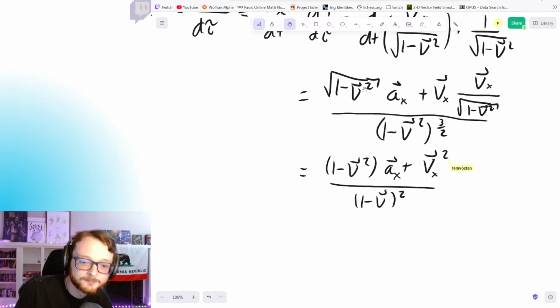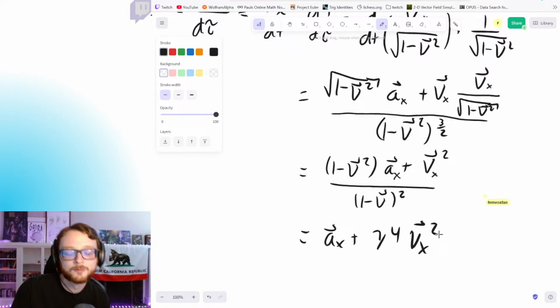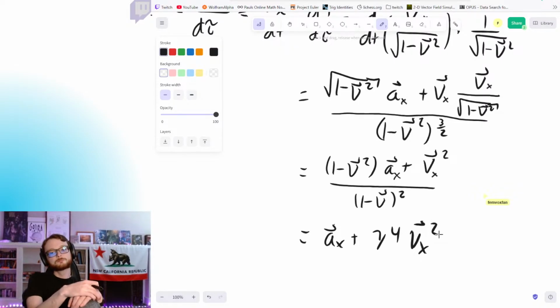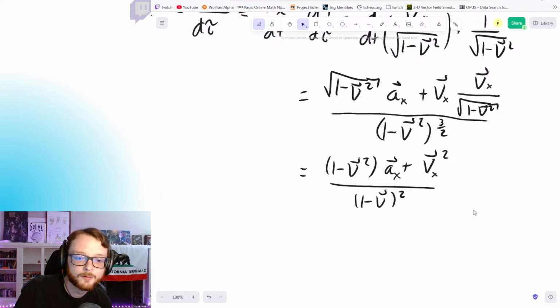So maybe we're okay then. We can split into two fractions and get something that could be reasonable. Gamma to the fourth was the X component. So if we do all three components, then maybe we can factor out the velocity. Oh wait, this doesn't cancel like that. Yeah, I think we're in business.